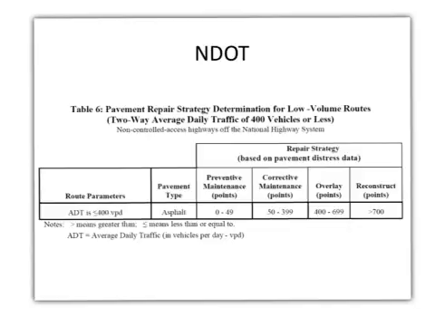This is a table that shows the pavement repair strategy determination for low volume routes. As you can see here, the way we define low volume routes is by the average daily traffic. If it's less than 400 vehicles per day, and if the pavement type is asphalt, then those are the 4 different repair strategies that we need to keep.